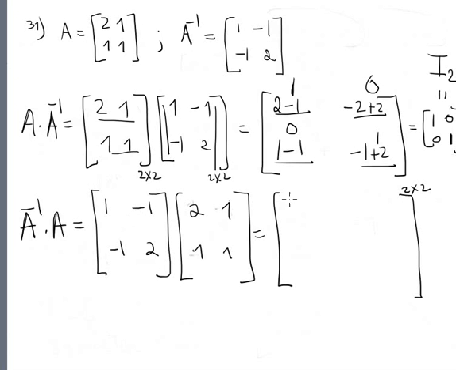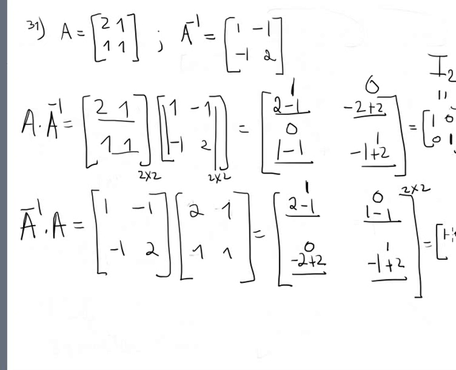It is 2 minus 1, which is obviously 1. Then 1 minus 1 is 0. This is negative 2 plus 2, which is 0. And this is negative 1 plus 2, which is 1. Again, we get the same answer, the identity matrix of dimension 2. Identity 2. Okay, super fantastic example.